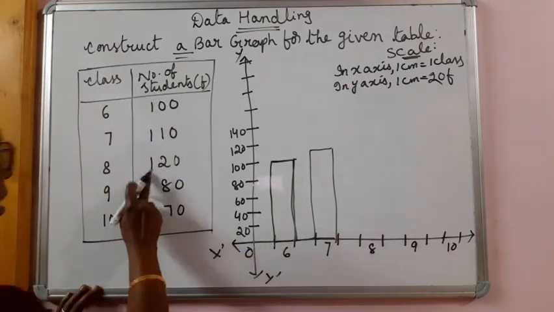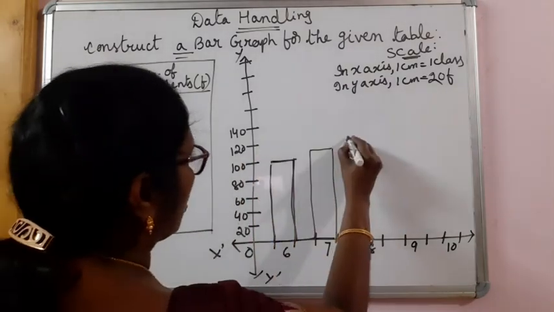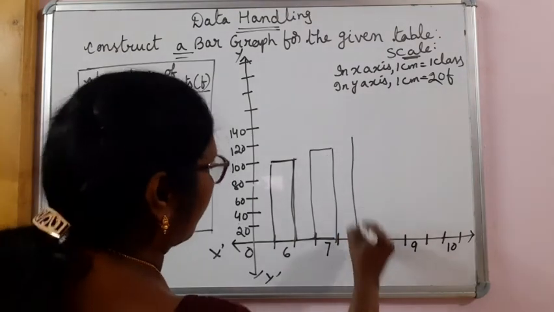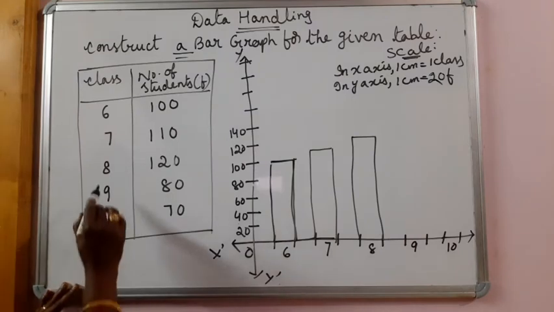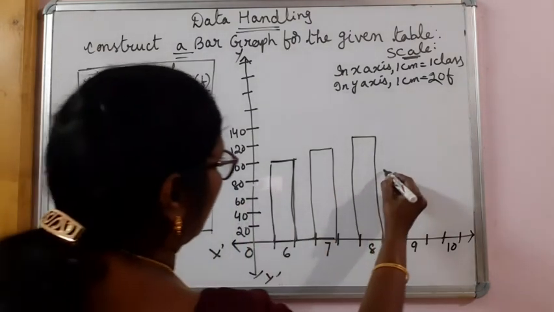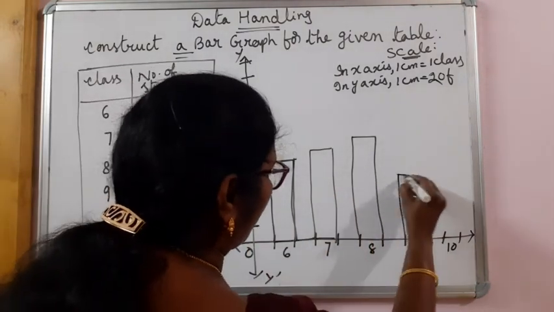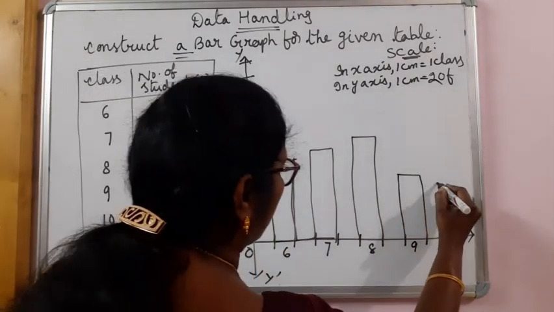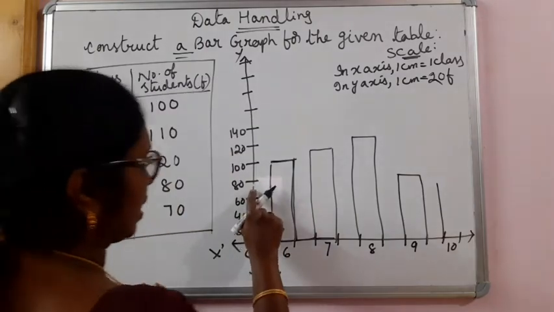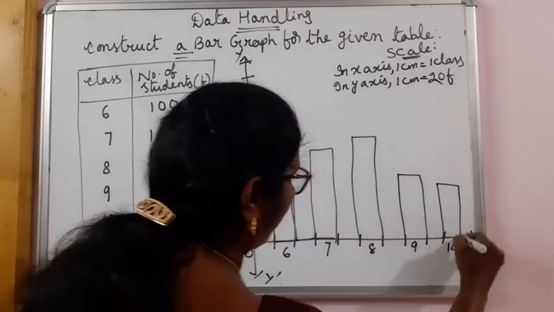Class 8, 120. In line with this, I am drawing like this, but you have to use the scale and pencil. Class 9, 80 students. Class 10, 70 students, which is between 60 and 80, in line with that.